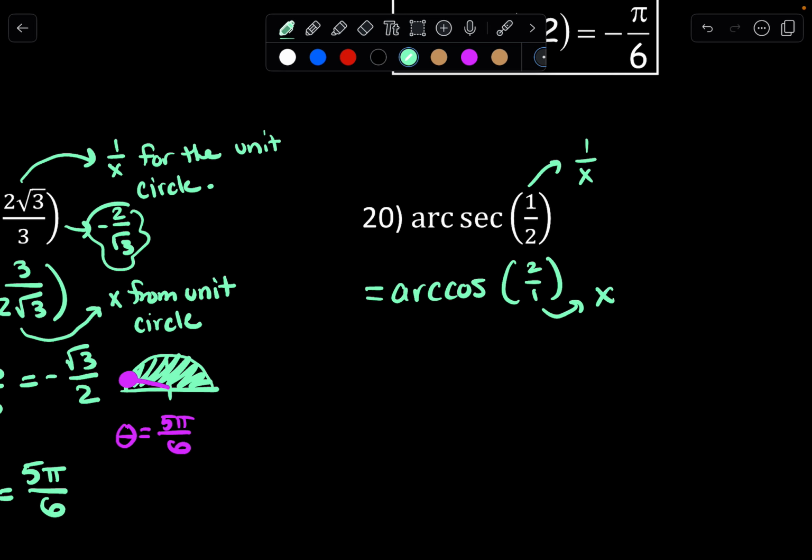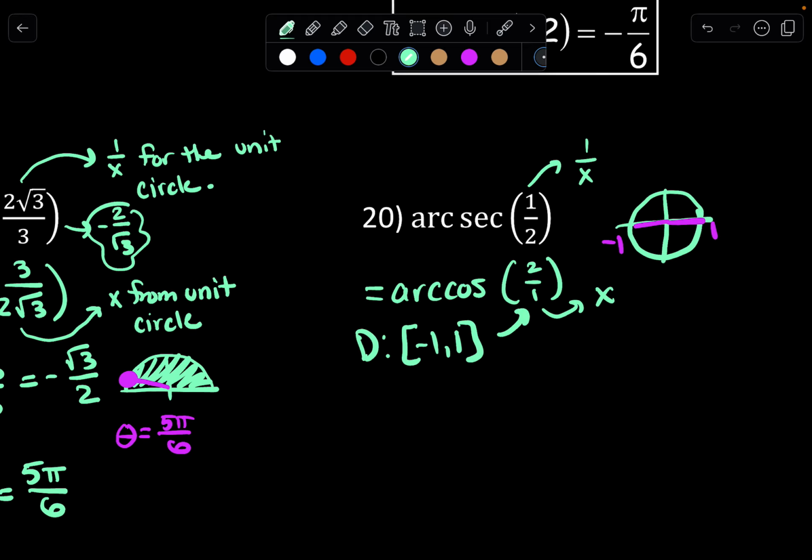Now this is the x coordinate from the unit circle, okay? But there's a problem. If you think of the unit circle, the radius for the unit circle is 1. So the x coordinates are negative 1 to 1. That is your domain restriction for arc cosine, negative 1 to 1.